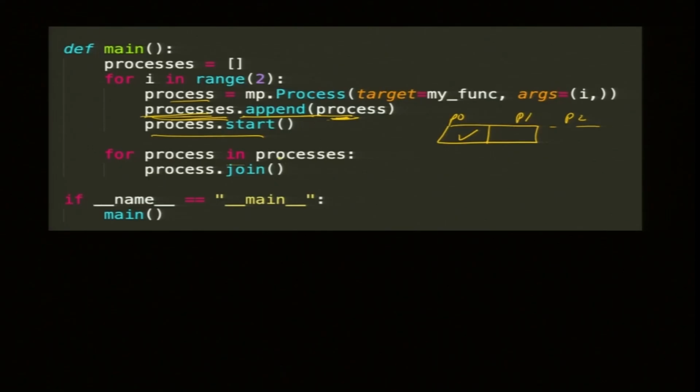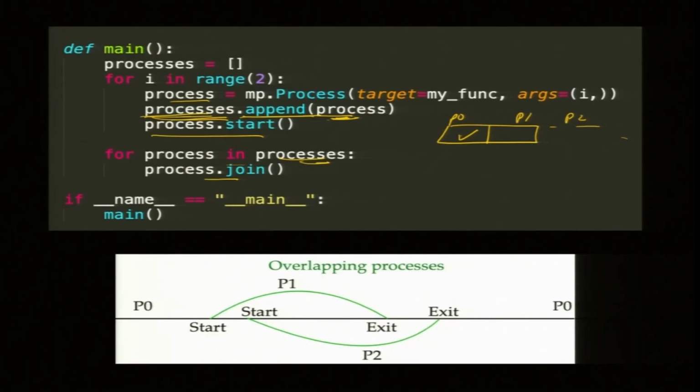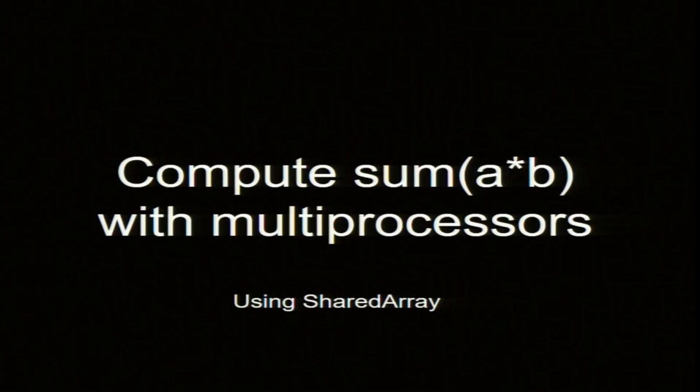So, for process in processes, I say join. They will join once they are finished. That will be case 2, which is like this. I start P0, P1, P2, and then they join here, join here, join.